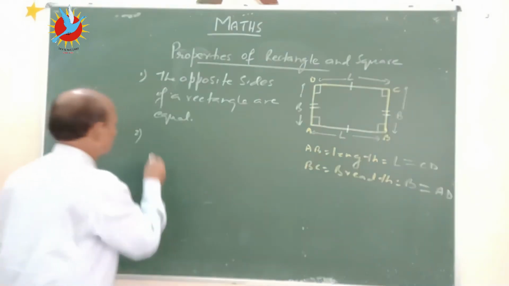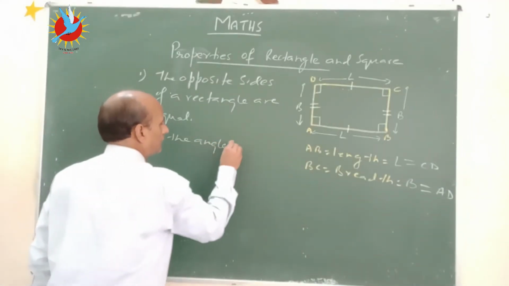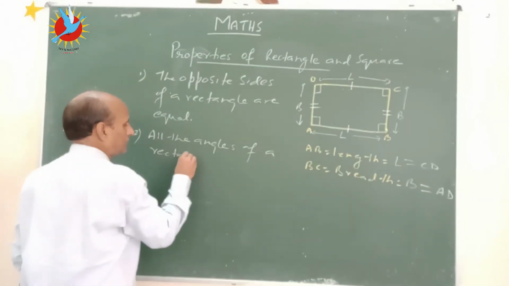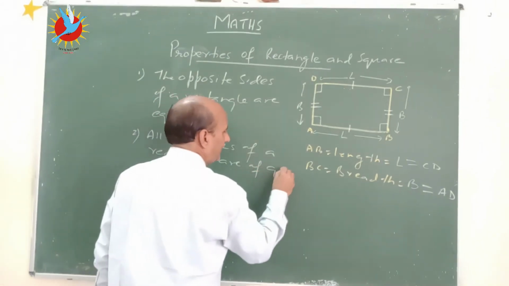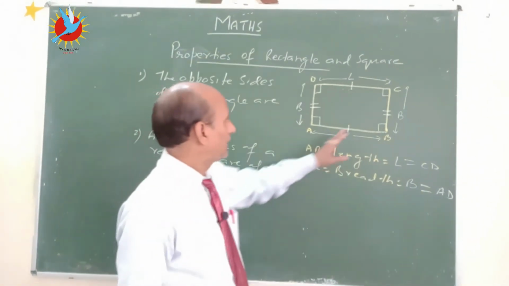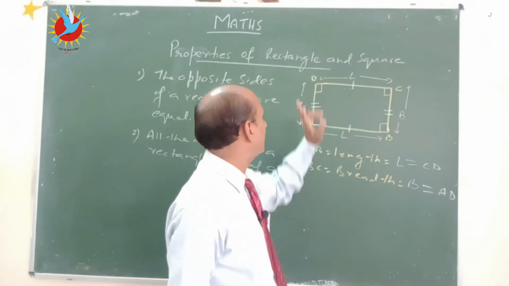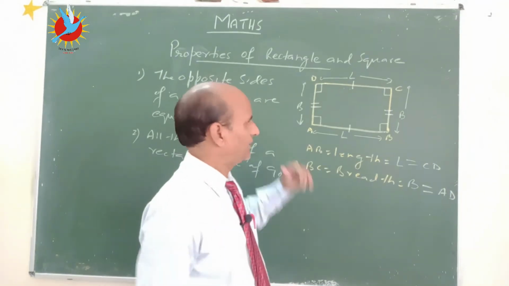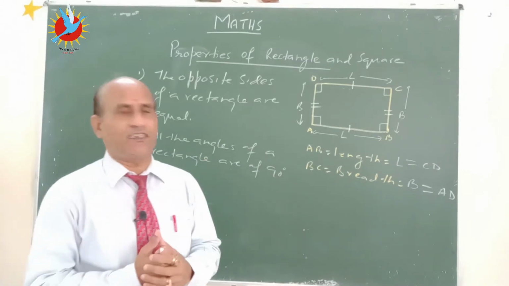So all the angles of a rectangle are 90 degrees. It means angle B is 90 degrees, C is 90 degrees, D is 90 degrees and A is 90 degrees. These are the two simplest properties and we have discussed this in the earlier classes also.